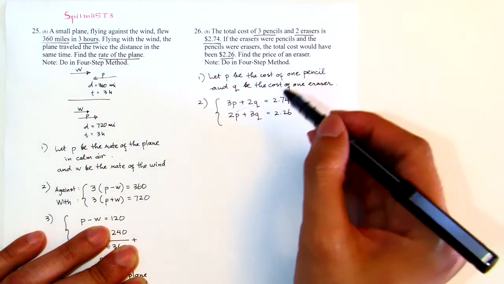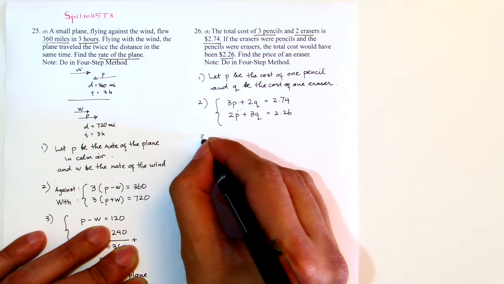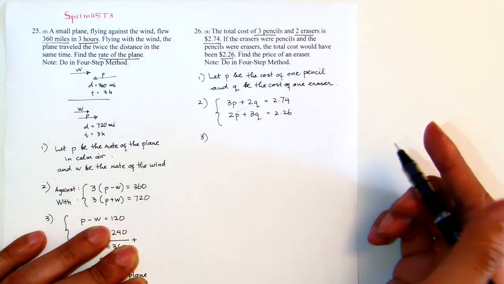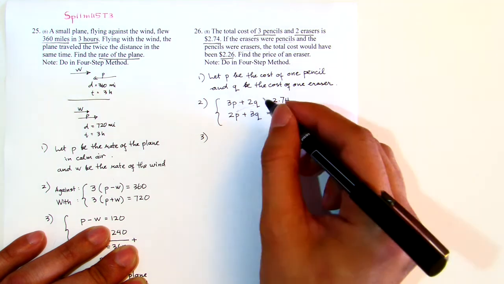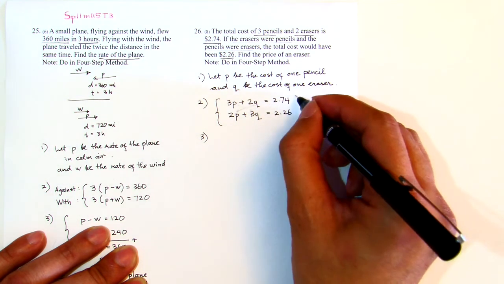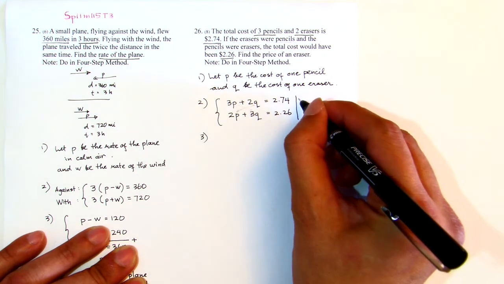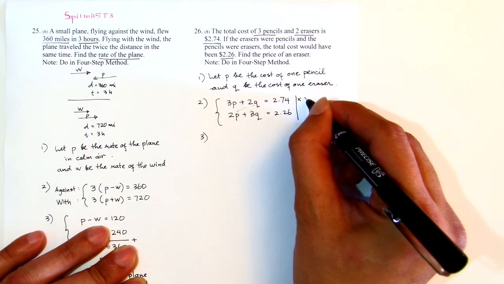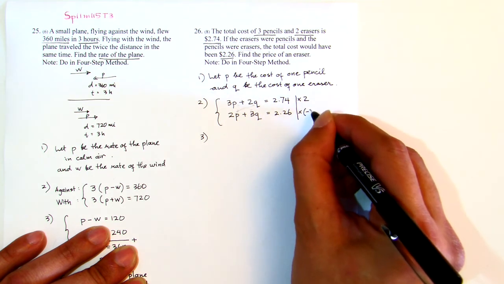In other words, we need to find what is the Q. Now, to solve for Q, we write both of them in general form. So to solve for Q, what we can do is eliminate the P. That way we will get the Q. And to do so, I will multiply the top by 2 and the bottom by -3.